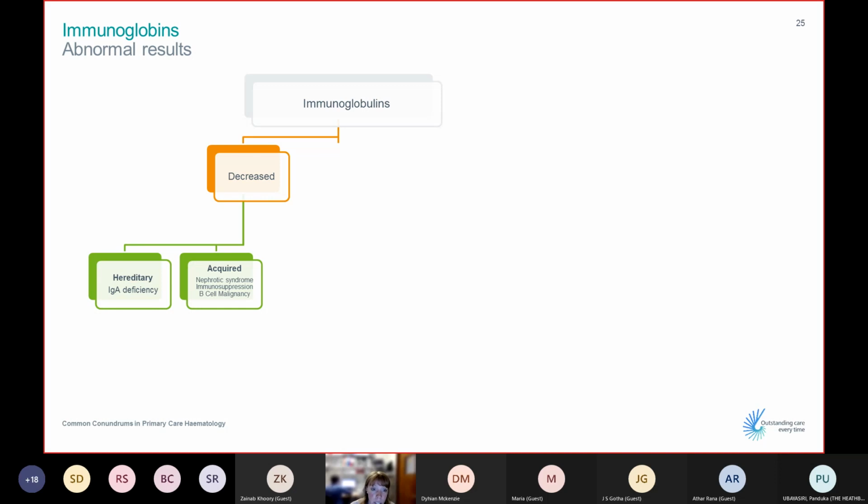However, the majority of decreased immunoglobulins are acquired, and this can be secondary to nephrotic syndrome, immunosuppression, whether from a chronic infection or medications, and also B-cell malignancy. So if patients have low immunoglobulins, think, have they had any B symptoms, lymphadenopathy, splenomegaly, and with the screen, do they have a paraprotein, which we'll come on to.